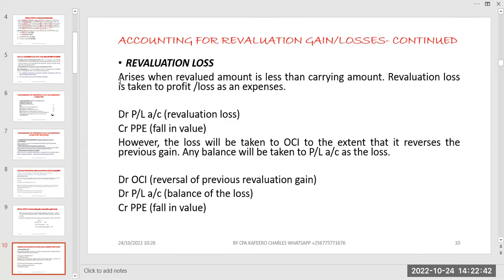if it is the second time, when the first time we had a revaluation loss, but the second time we are having a revaluation gain, it means that revaluation gain we've got from that second revaluation is supposed to first offset the previous revaluation loss we incurred, because in the normal course of business that revaluation loss is not supposed to be taken to the profit and loss account because it is not actually realized.